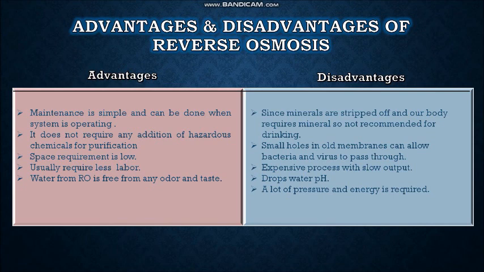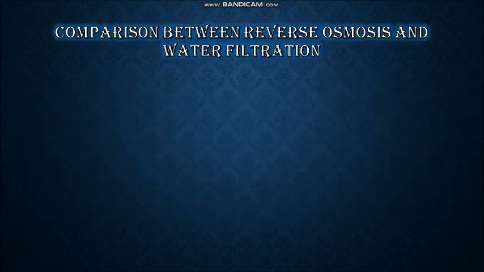It is an expensive process with slow output. It cannot separate carbon dioxide from water, which causes the water's pH to drop. A lot of pressure and energy is required for reverse osmosis to be successful. So these were the advantages and disadvantages regarding reverse osmosis.